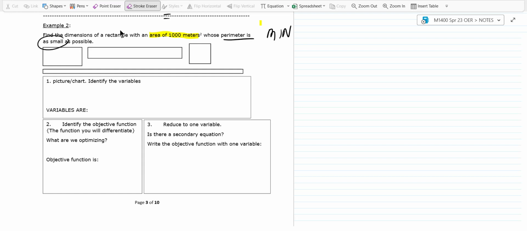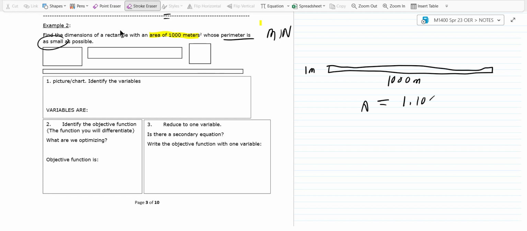All right, so what I'm trying to show you with these different rectangles is you could do all kinds of different rectangles. You could do one that was real long and skinny, like 1 meter by 1,000 meters, and that would have an area of 1 times 1,000, which would be 1,000 meters squared.